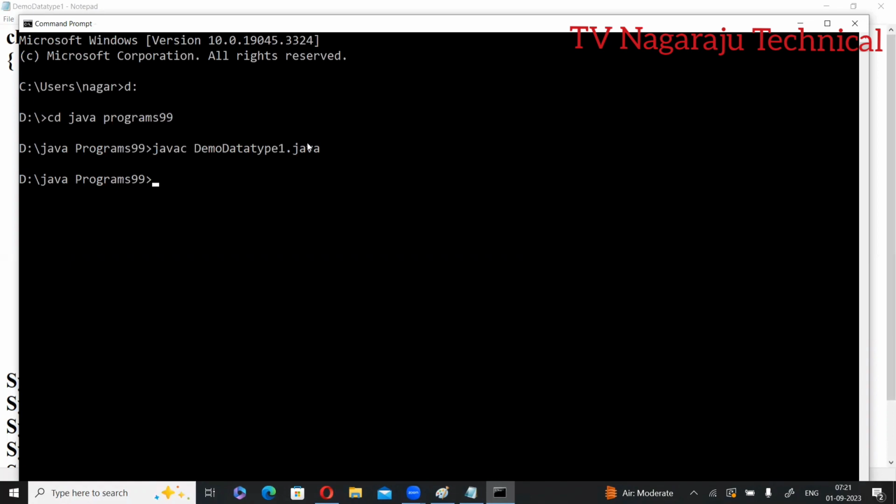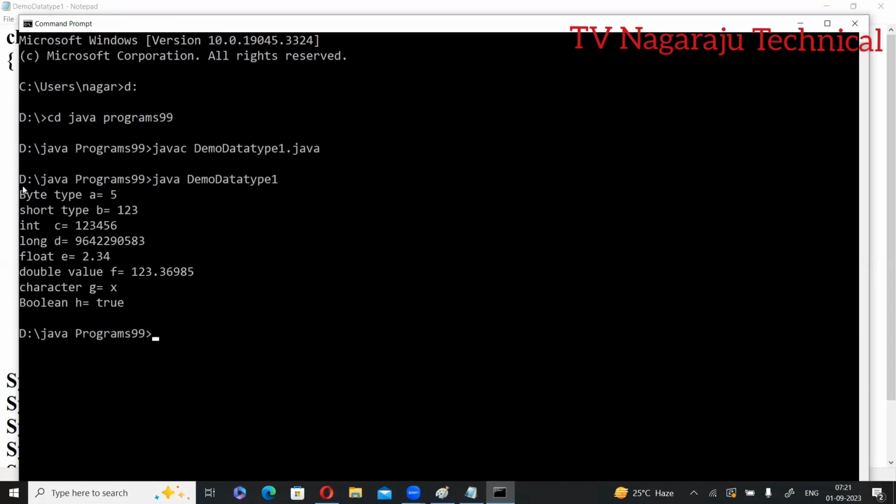So your program does not consist of any errors. As you already know, if your program has no errors, the compilation stage is completed and it generates the .class file. Next, java DemoDataType1.